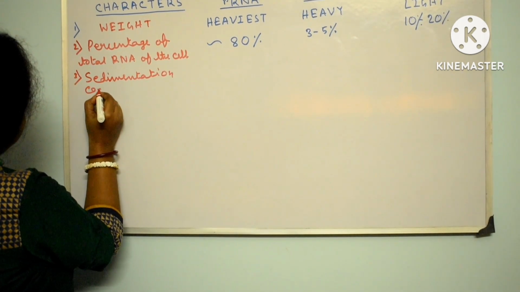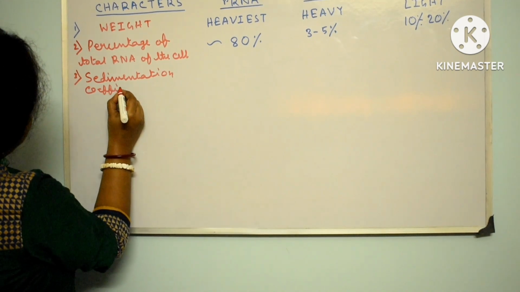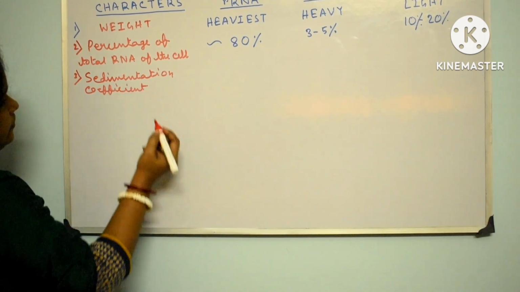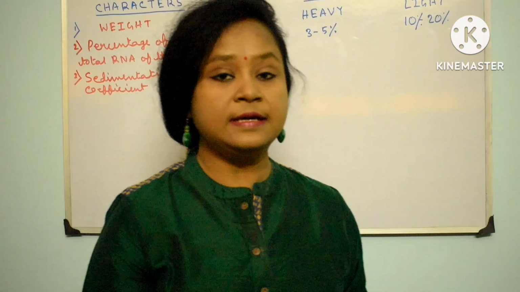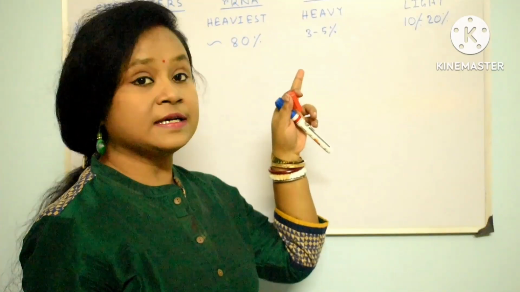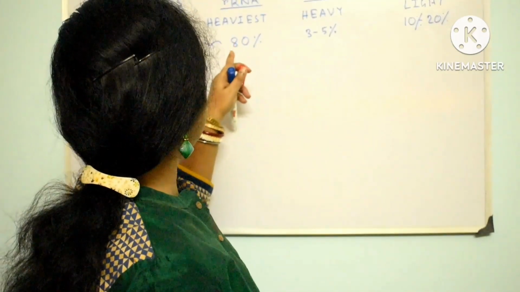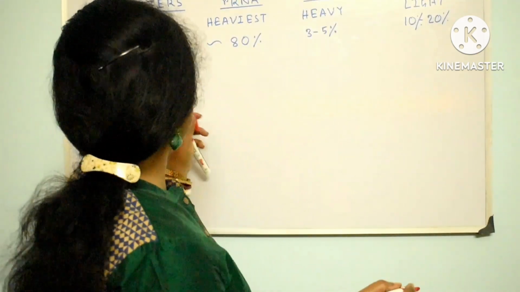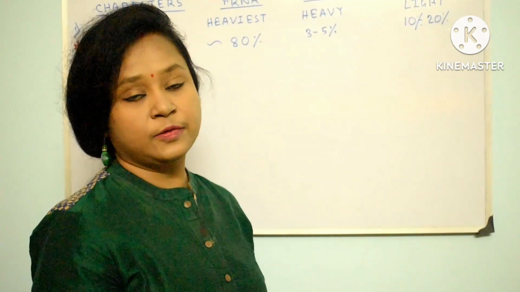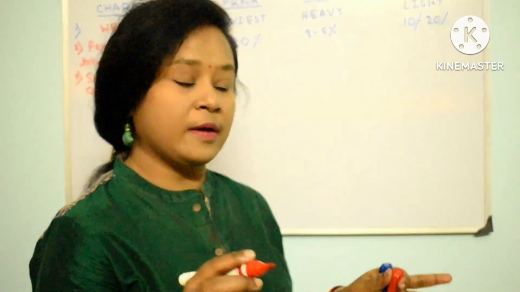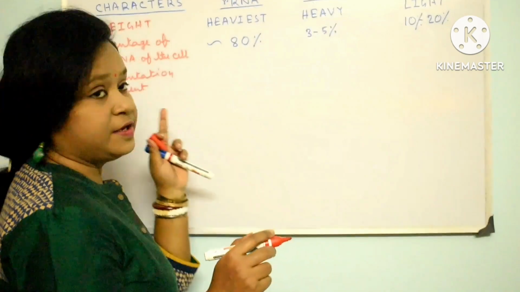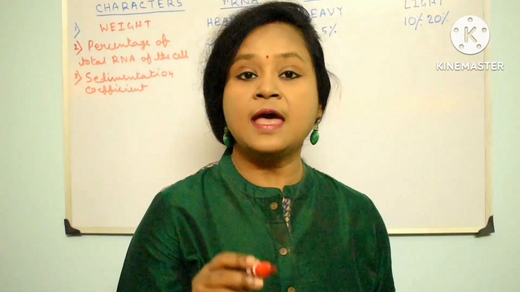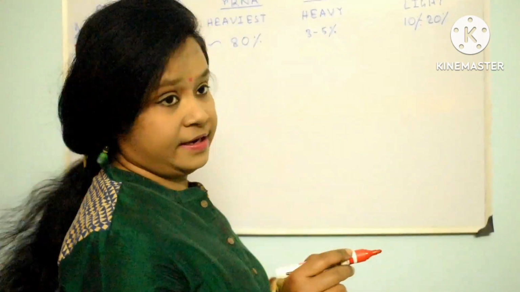In my previous lectures, particularly the lecture about rRNA, I discussed in detail what sedimentation coefficient is. So if you have any confusion about sedimentation coefficient, please consult the lecture about rRNA.